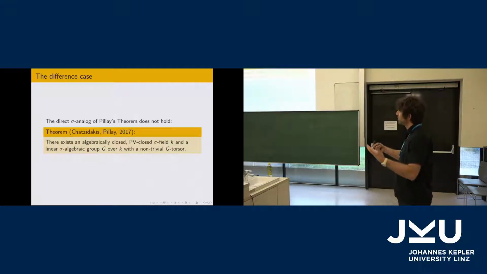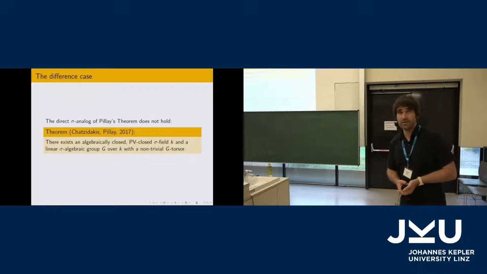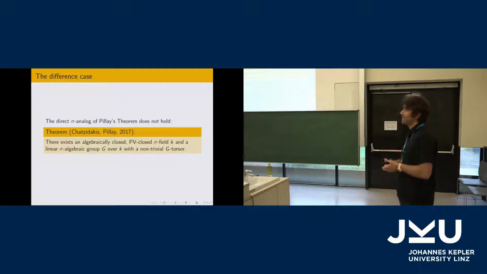So if you add to algebraically closed and PV closed that all torsors for all difference algebraic subgroups of the multiplicative group are trivial, then you can ask, okay, is that enough to know that all torsors are trivial? And so the answer is yes, and that's my main result.